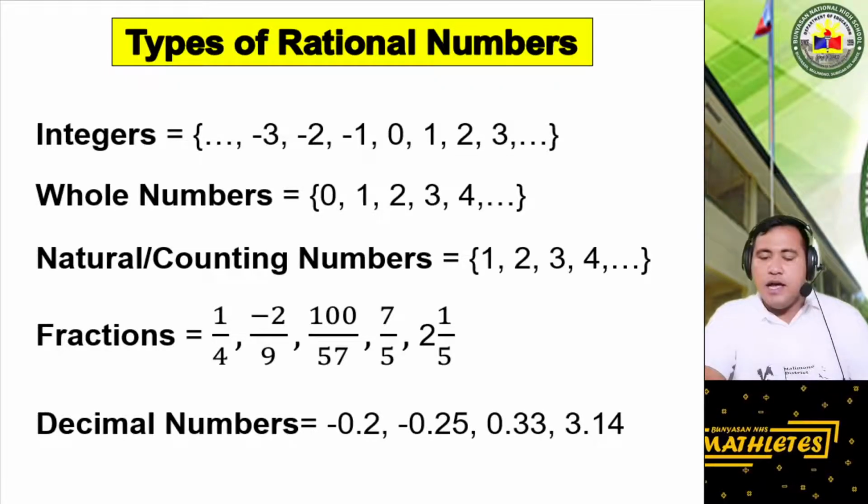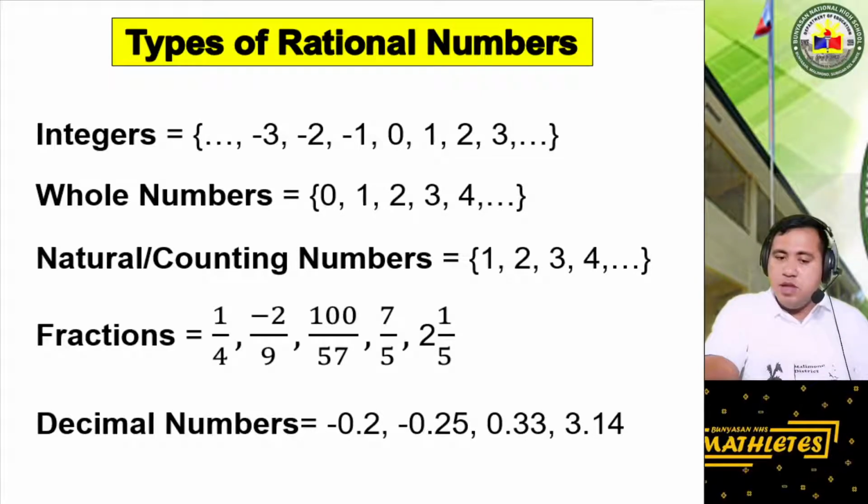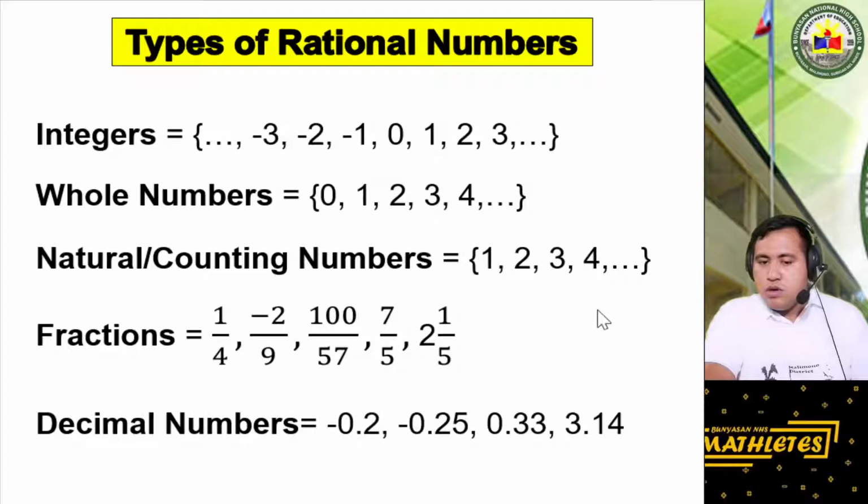Examples of decimal numbers are negative 0.2, which is read as negative 2 tenths, then negative 25 hundredths, 33 hundredths, and 3 and 14 hundredths.